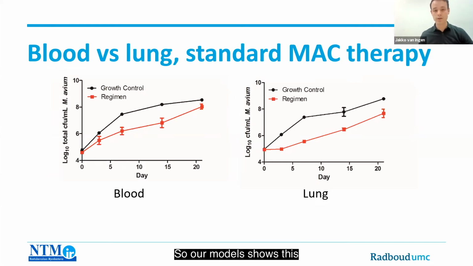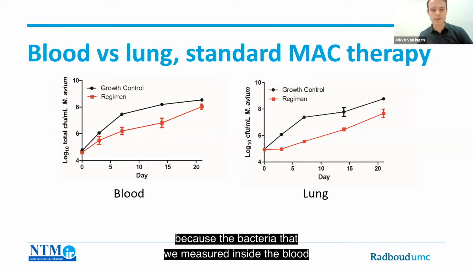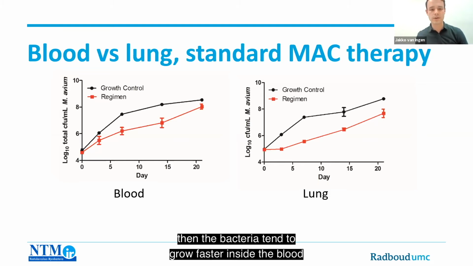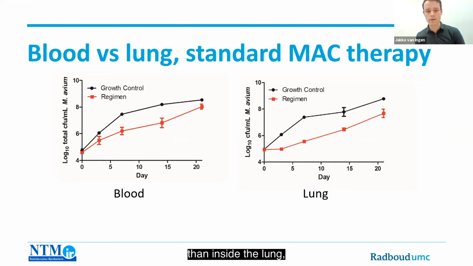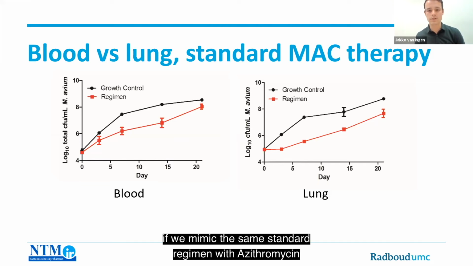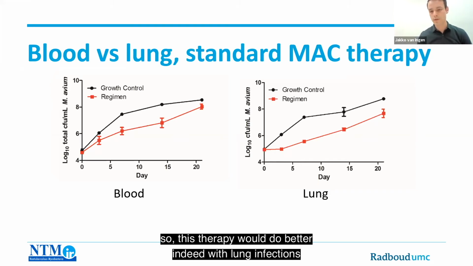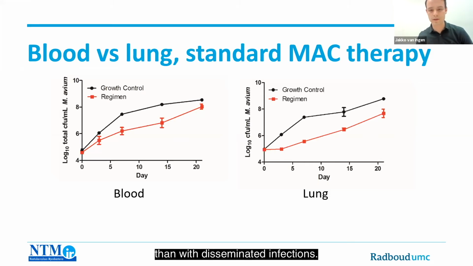Our model shows this because if we mimic the blood antibiotic concentrations, the bacteria tend to grow faster inside the blood than inside the lung with the same standard regimen of azithromycin, rifampicin, and ethambutol. So this therapy would do better with lung infections than with disseminated infections.